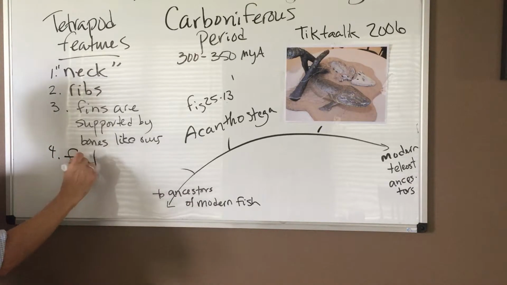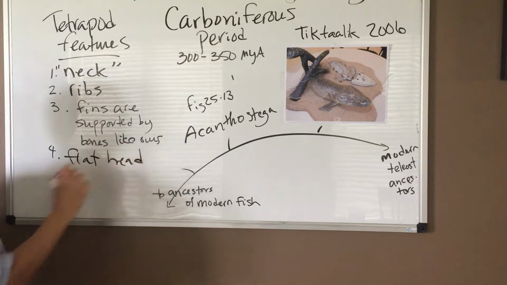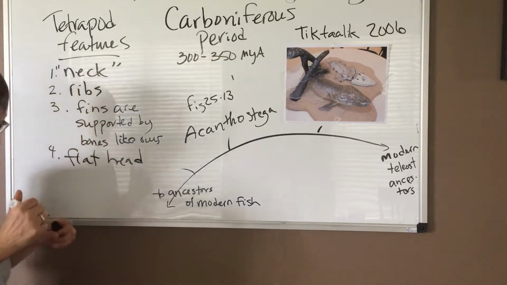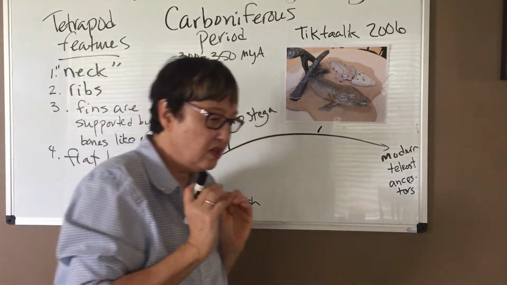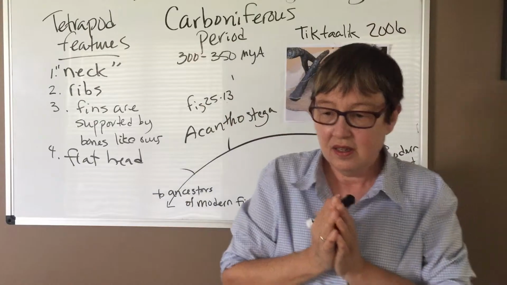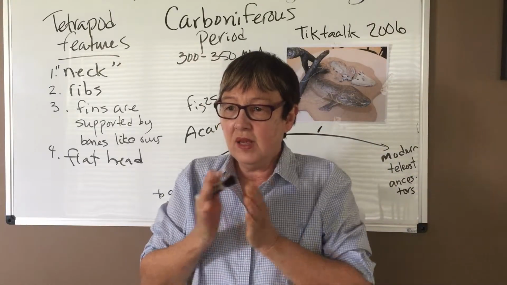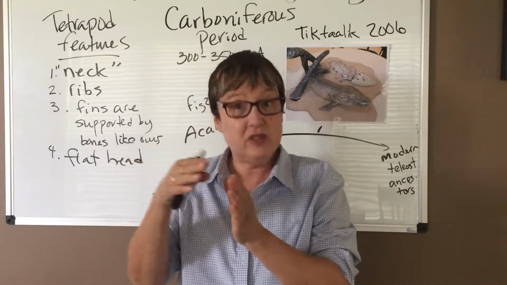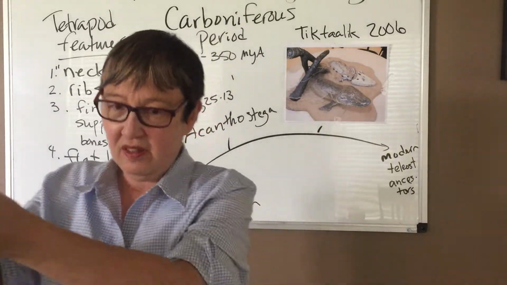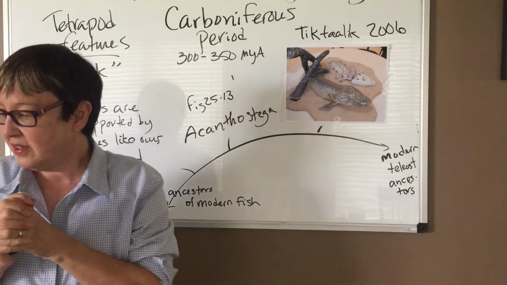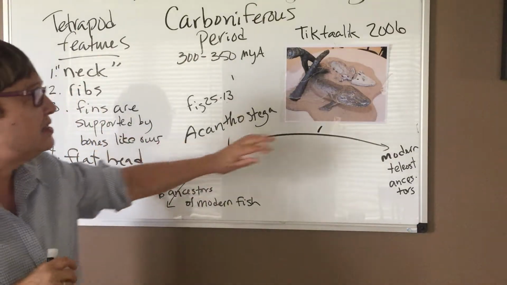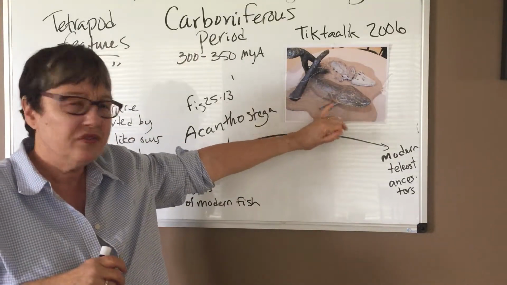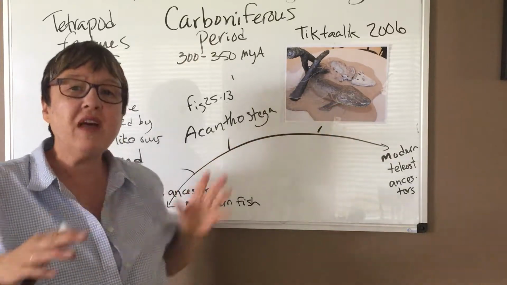It has a flat head, and remember, fish in general tend to have a head that is flattened in the opposite direction, which allows them to move through water more easily. These guys have a very non-fish-like head. They have a very flattened head.